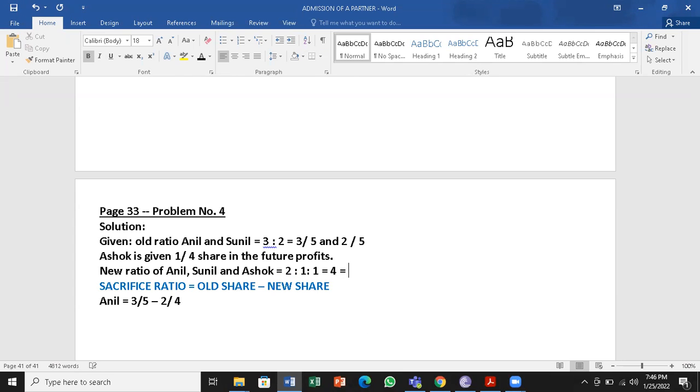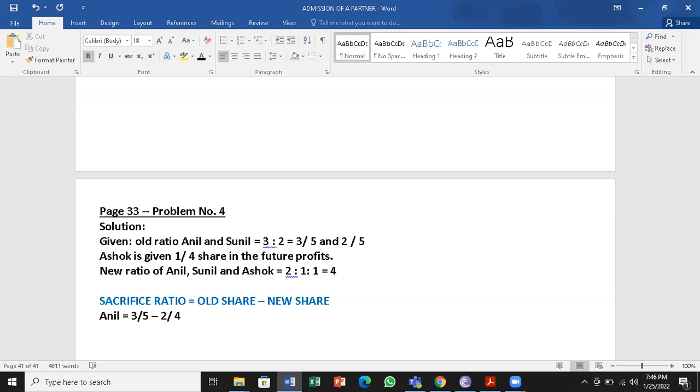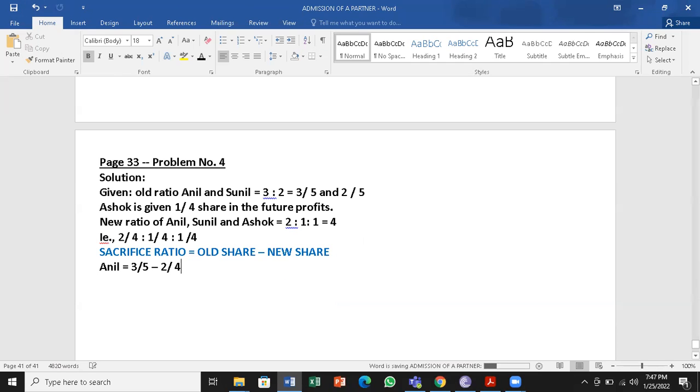So if you take here, it becomes like this. That is 2/4 is to 1/4 is to 1/4 only. So in that way, it is 2/4.